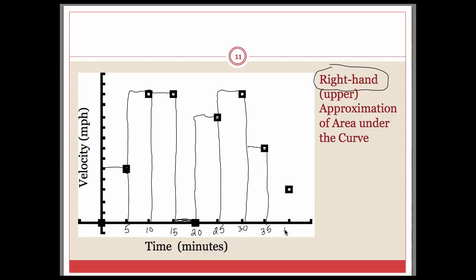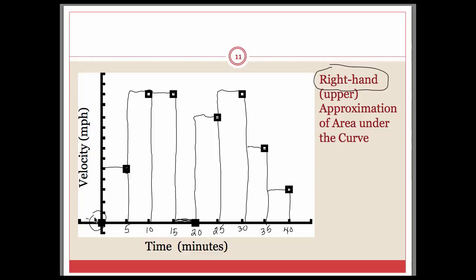And then finally 35 to 40. Now remember when we did a left endpoint approximation, we said it was the far right point that did not have a rectangle assigned to it. Now that we're doing a right endpoint approximation, it's the point on the far left that does not have a rectangle assigned to it.